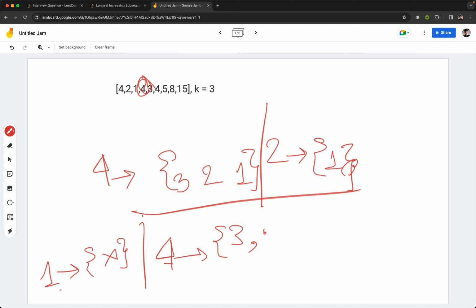Yeah, I have some issues with my writing pad. It seems it's not even writing for some reason. Not sure what happened, but yeah. I think there's some issue with Jamboard maybe.